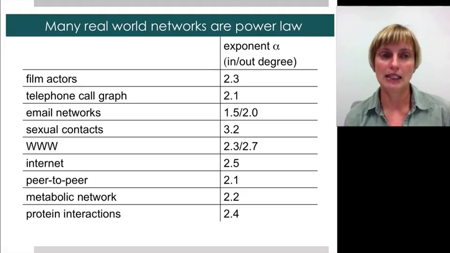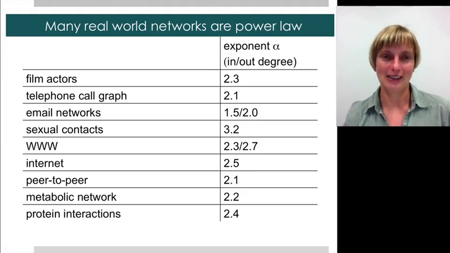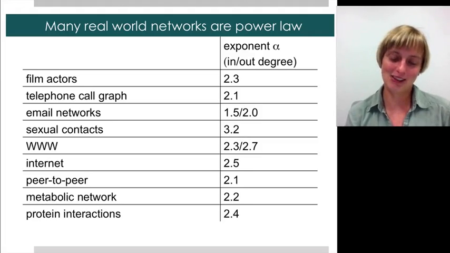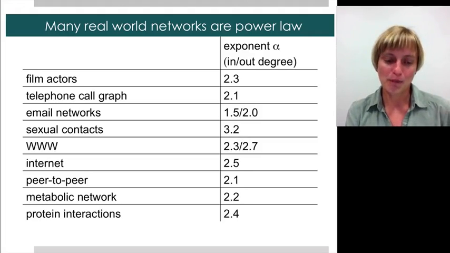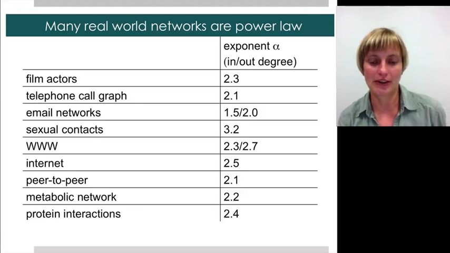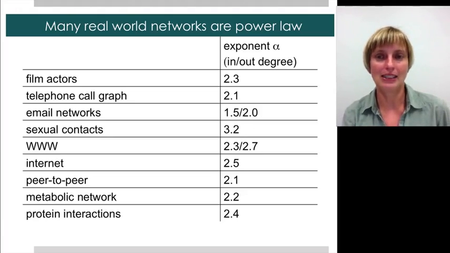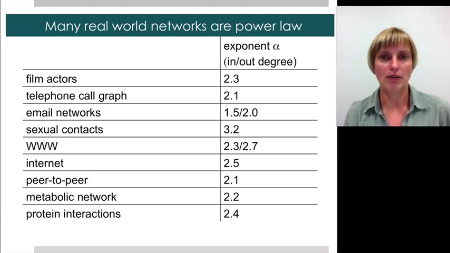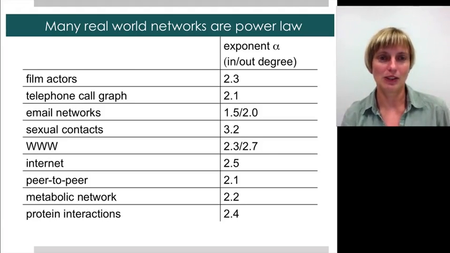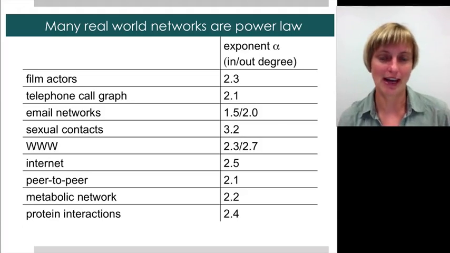So if you look at film actors, this network is who has acted with whom in a movie. And there's a funny story around this, which is that the Sunbelt Conference, which is the annual social networking conference, had a data analysis challenge, which was to take the Internet Movie Database and plot out the network of all the actors, who has co-starred with whom, and calculate things such as who are the most central actors.